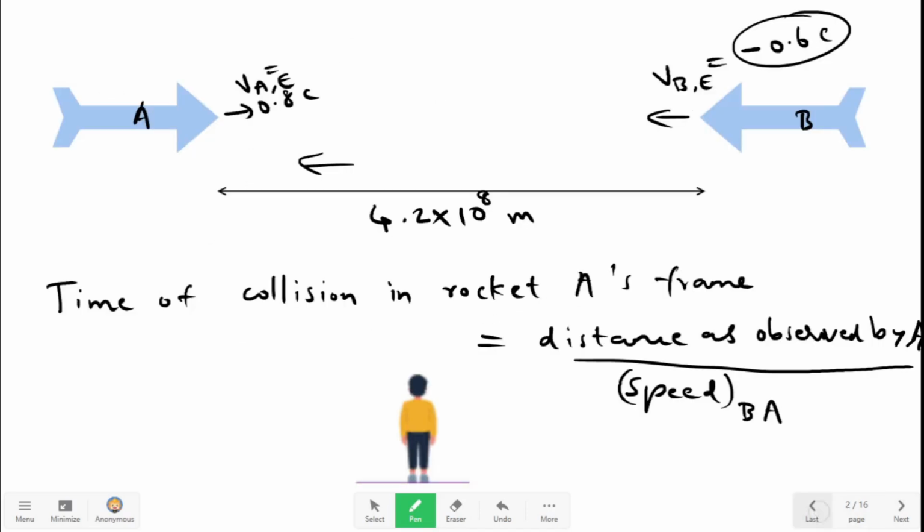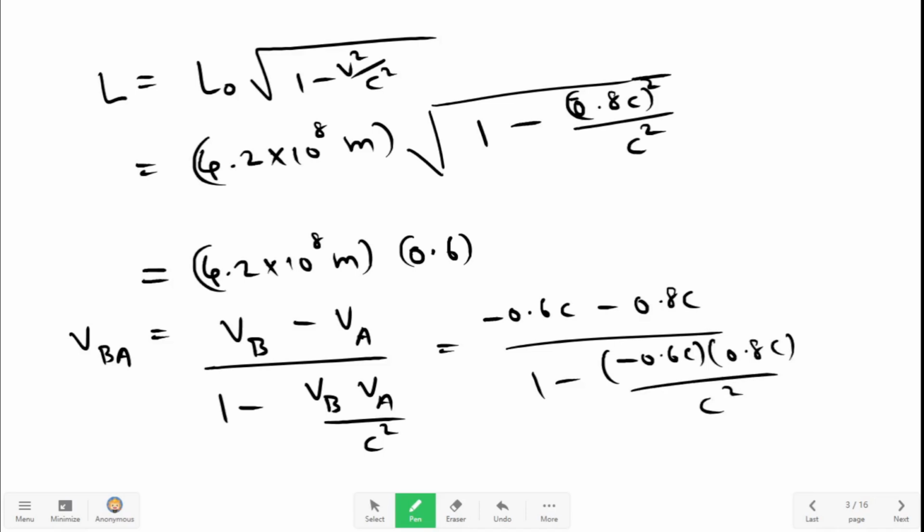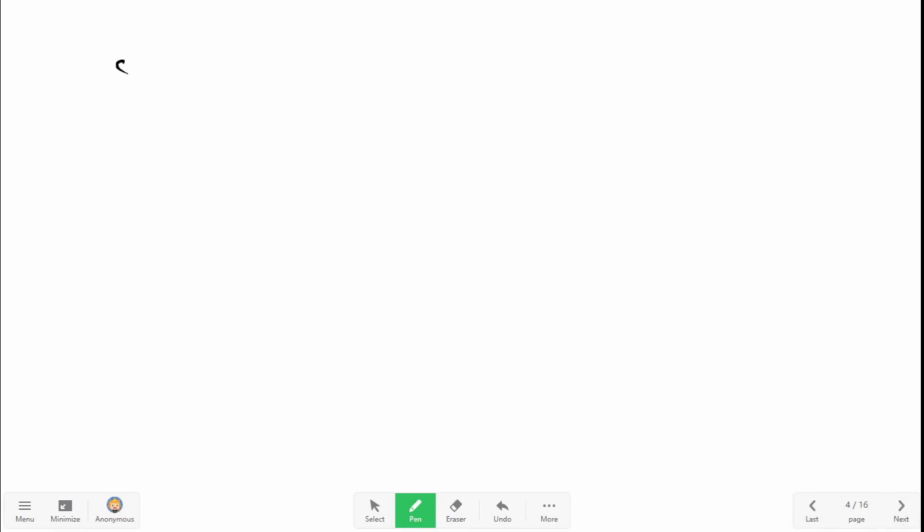The velocity of A in the Earth's frame is 0.8 c, divided by 1 minus minus 0.6 c times 0.8 c divided by c square. This is equal to minus 1.4 divided by 1.48 times c.